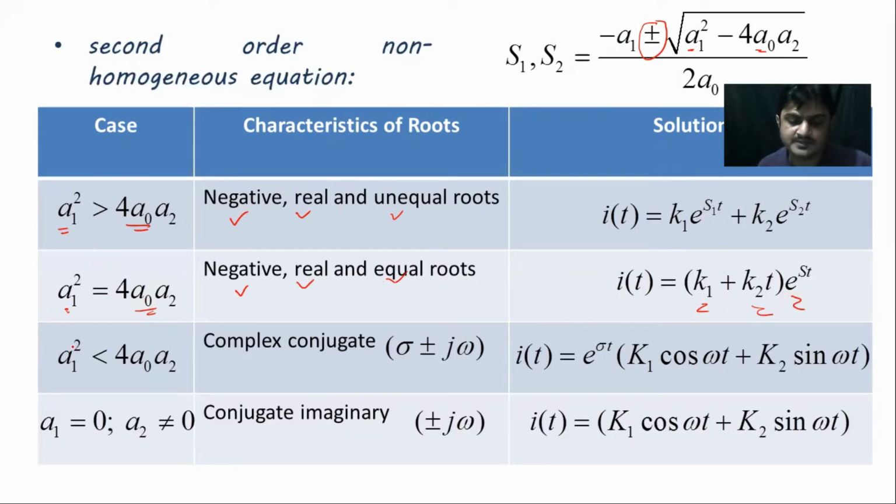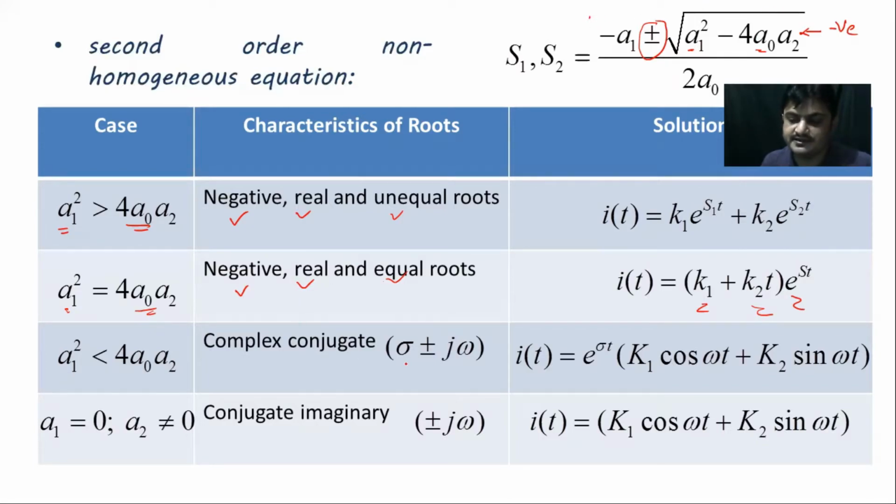Now the third possibility is that your a1 square is less than 4a0 a2. So in this particular case, if I am saying that a1 square is less than 4a0 a2, this quantity turn out to be a negative. Agree with me? And if you take the root of this negative number, ultimately it is going to be an imaginary number, right? So it means that this is your real and this is your imaginary part. Okay, real and plus or minus imaginary.